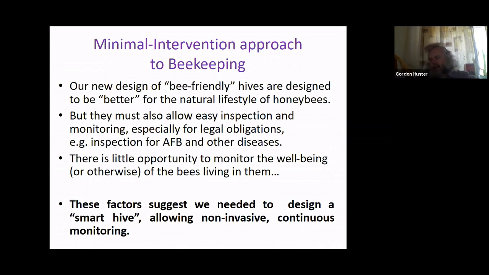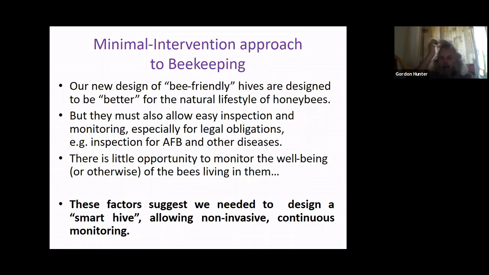So the second phase of our project was to try and devise a smart hive that could be done at low cost. There have been companies that produce smart hives allowing continuous electronic monitoring, but they tend to be very expensive. So a small hobby beekeeper or a relatively poor farmer that might be interested in monitoring the health of bees on his farm wouldn't be able to afford those.